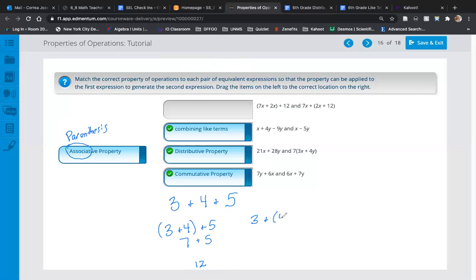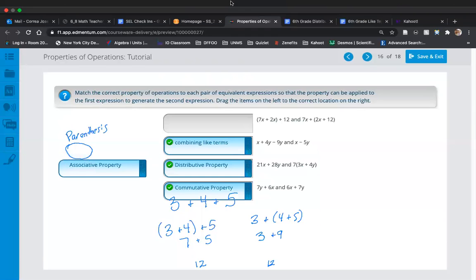I could say 3 plus 4 plus 5, add the 4 and 5 together first and say, okay, so 3 plus 9 still gives me 12, right? That's the associative property. It basically means that you can kind of move parentheses around and do things in a different order if you're dealing specifically with multiplication or addition, right?